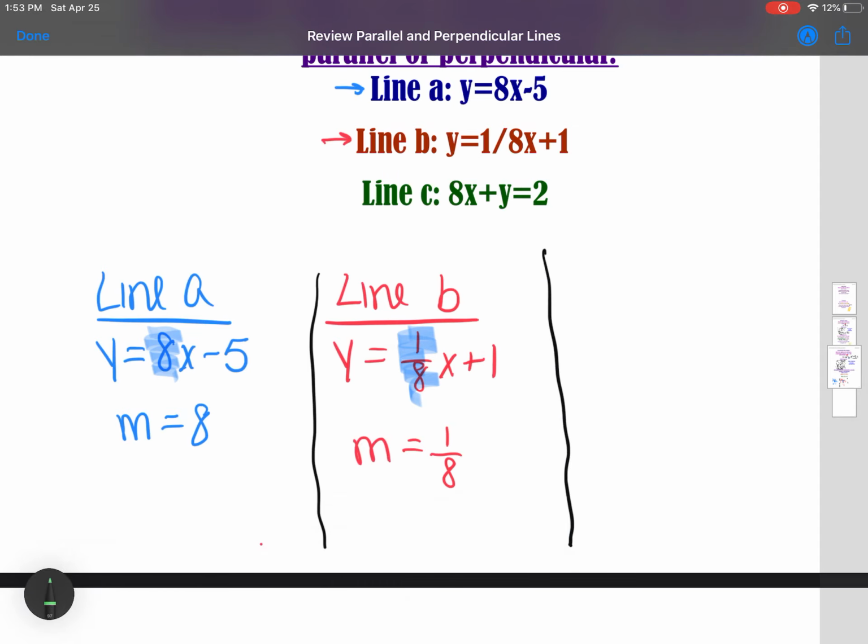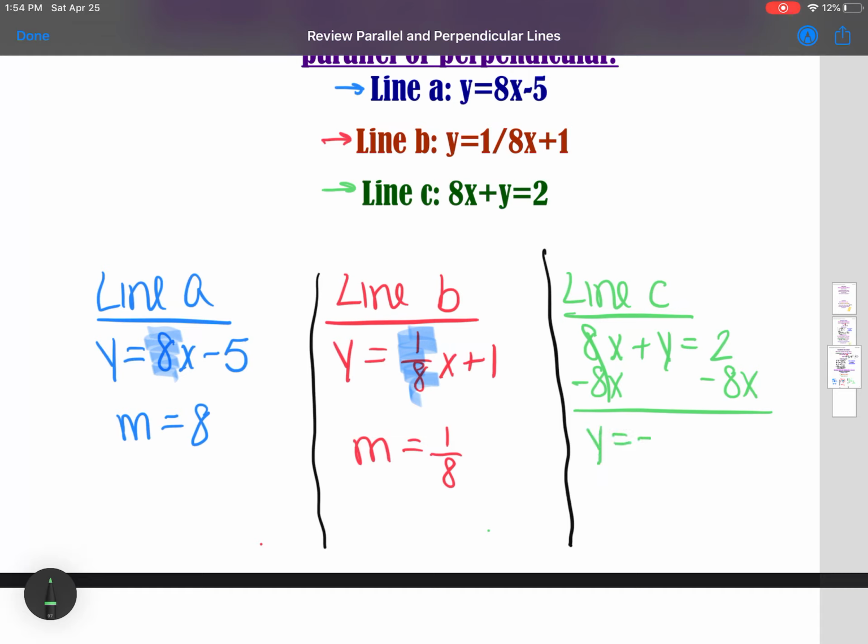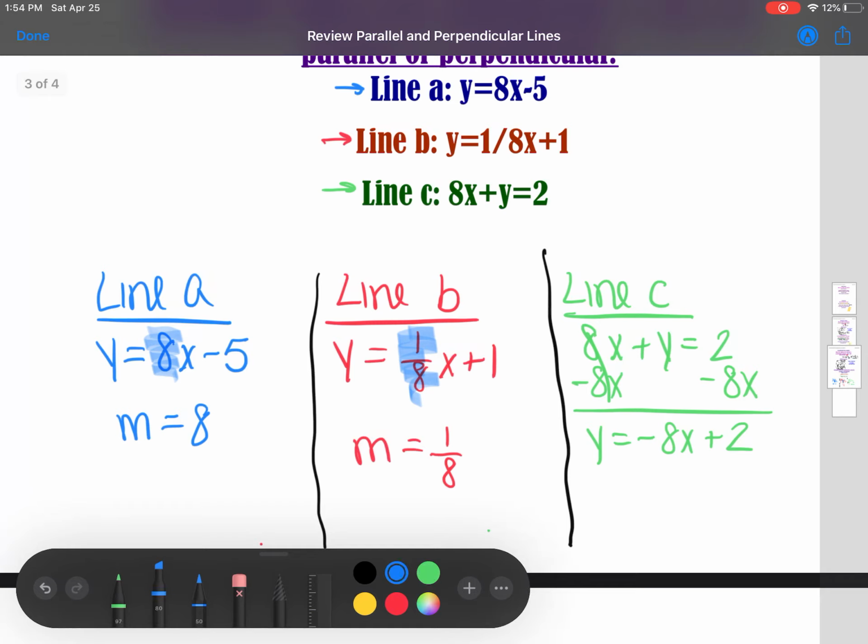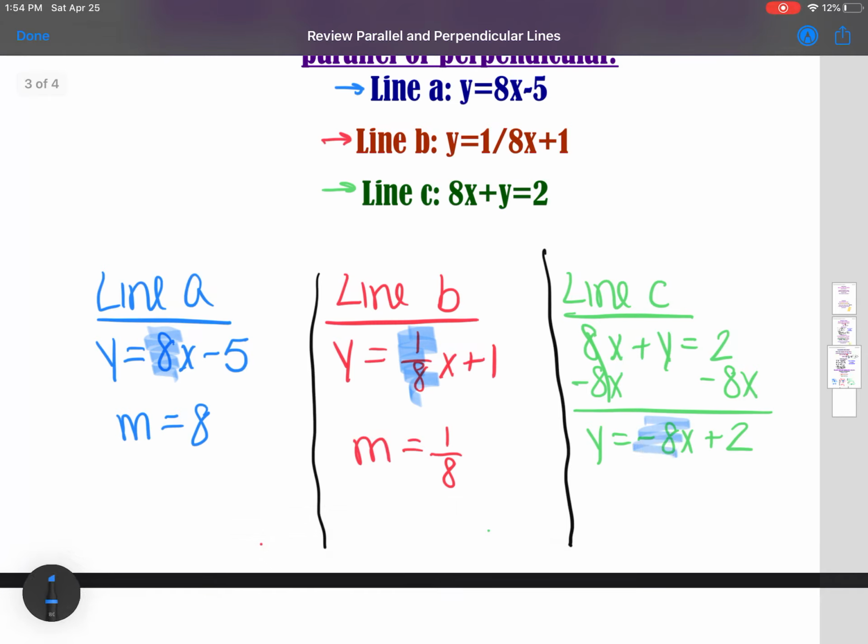So let's try line C. I have to do some manipulating. 8x plus y equals 2. I have to get y by itself to determine my slope, so minus the x values. y equals negative 8x plus 2. My slope in this one, my m, equals negative 8.